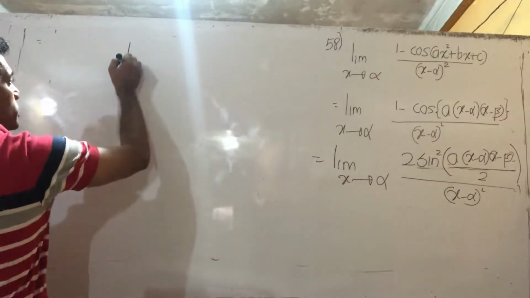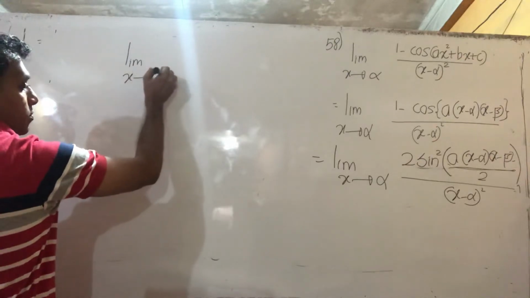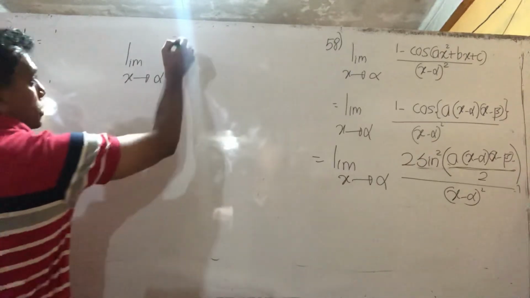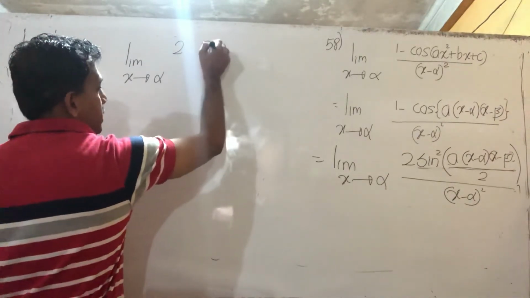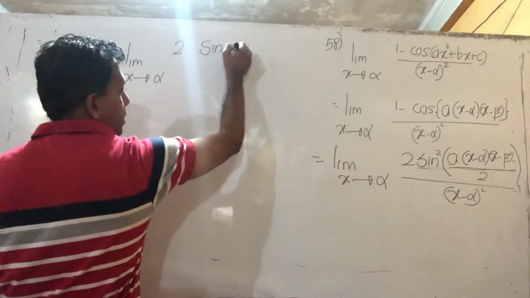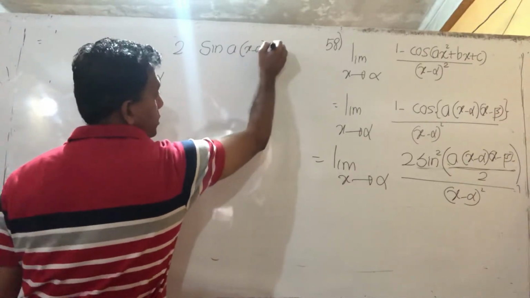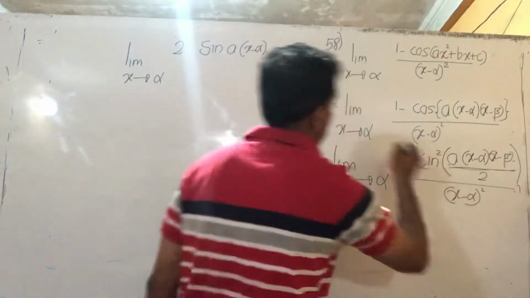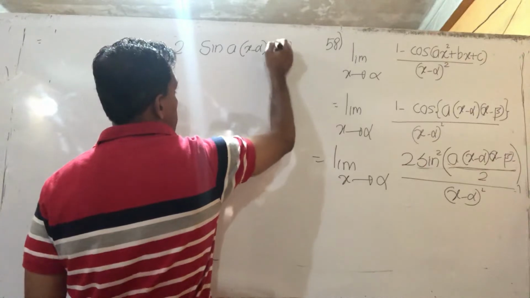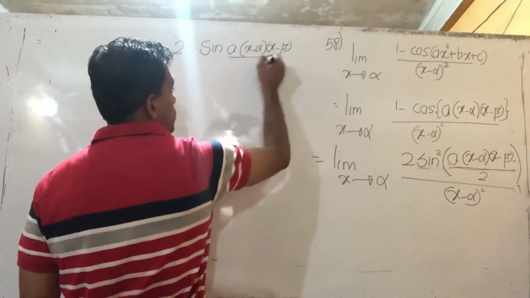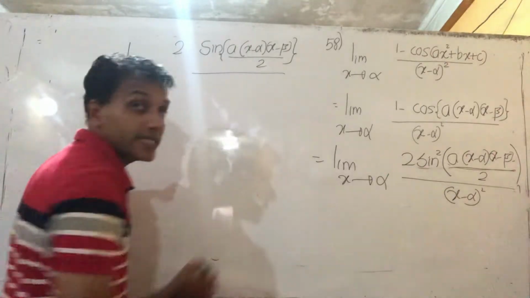So limit x tends to alpha, what is that? sine of a into (x minus alpha) into (x minus beta) over 2, divided by sine theta over theta, right?